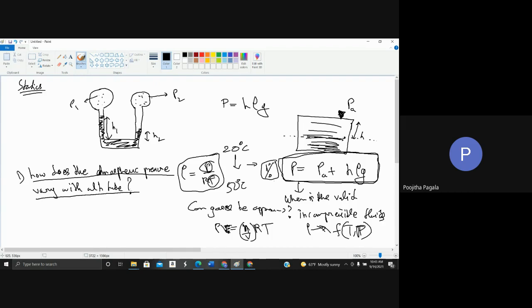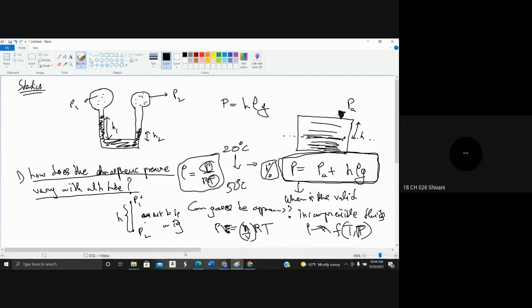So, for example, you have 2 points in the Earth's atmosphere, point P1 and point P2, separated by a height h, elevation h. I want you to find out the relation between P1 and P2. You can make any assumptions, like air is an ideal gas. Is everyone clear about the problem which I have given you?